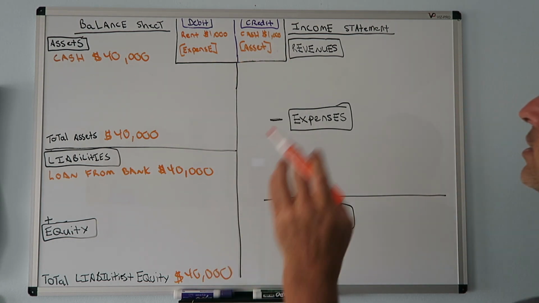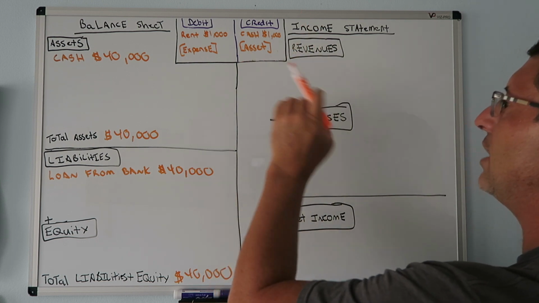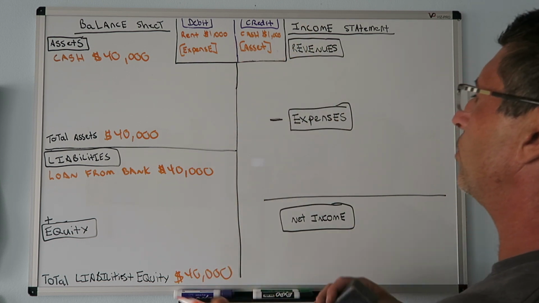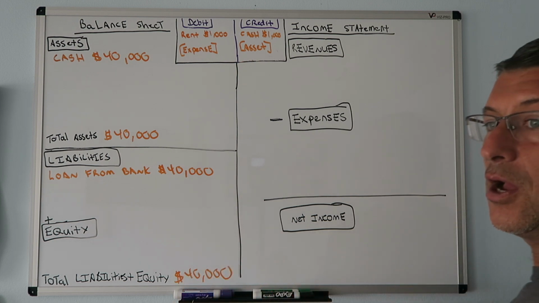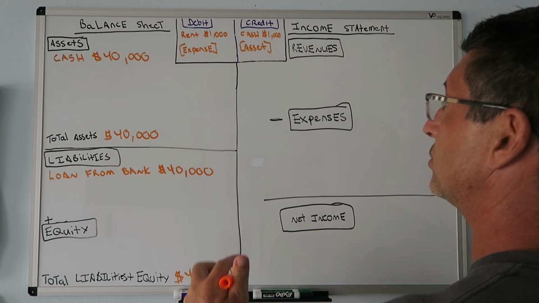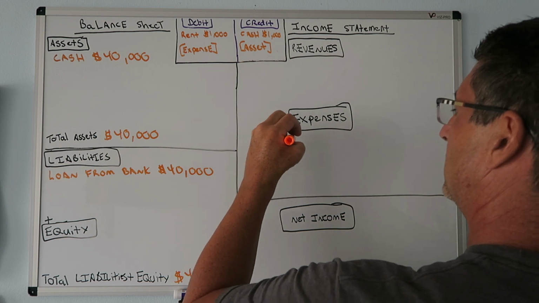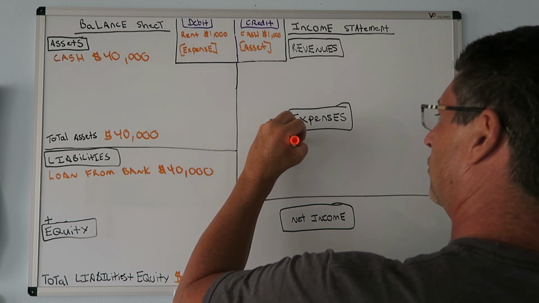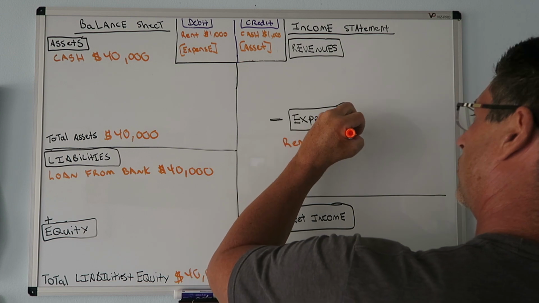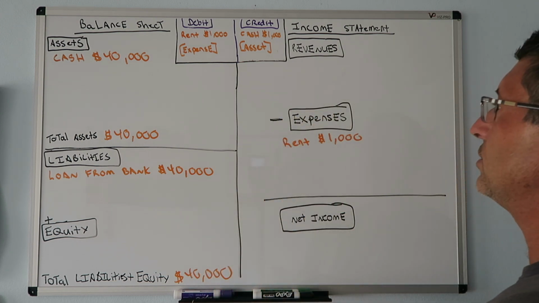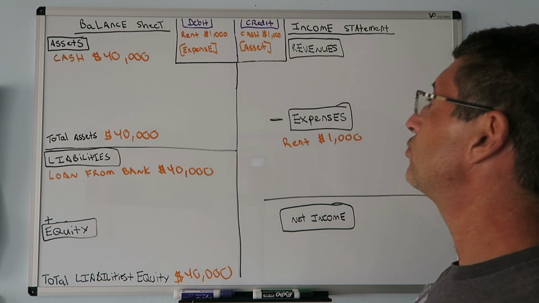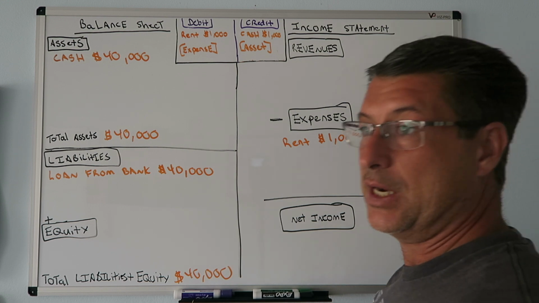So we know the income statement has expenses, so we don't have any expenses here, so we're going to put on our rent of $1,000 under expenses.